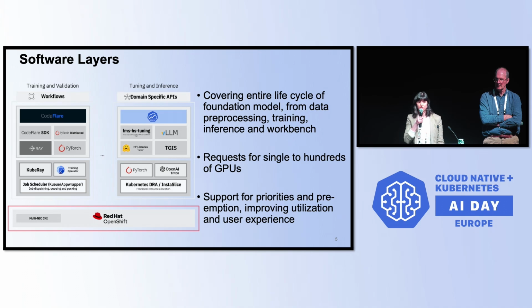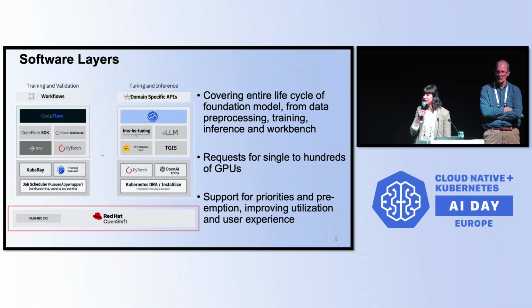Each job can be small or large: a few GPUs, 1 GPU, or hundreds of GPUs. Of course, that depends on the type of workload. You can imagine AI training is going to take the largest chunk of GPUs available. And since this is a multi-tenant cluster, of course, you need to have support for priorities and preemption.